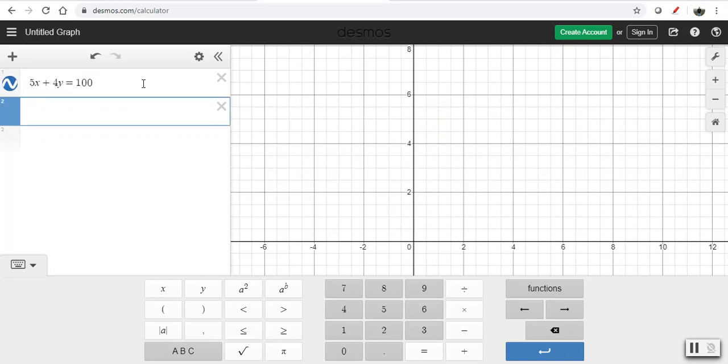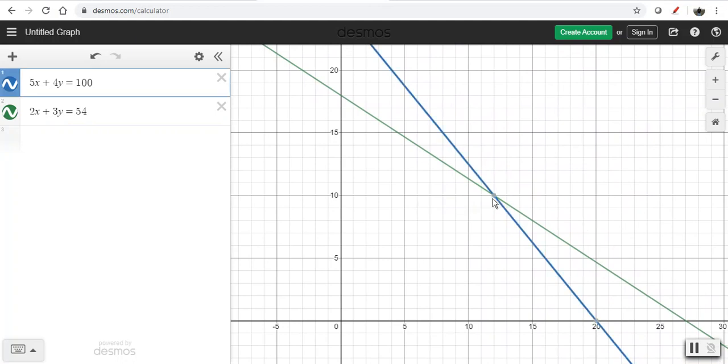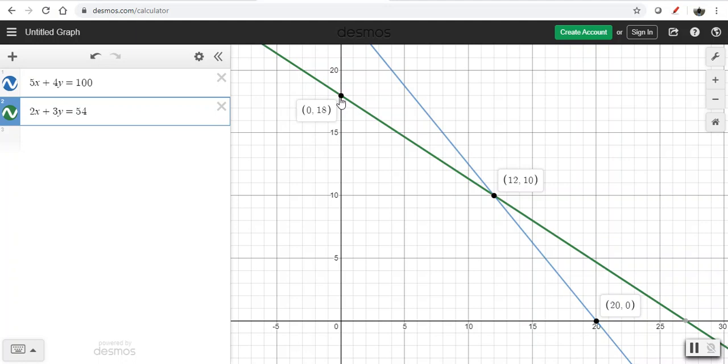For example, we have 2x plus 3y equals 54. Now, if we look at our boundary lines, notice that we already have the point of intersection 12, 10, 20, 0, and the other corner point 0, 18.